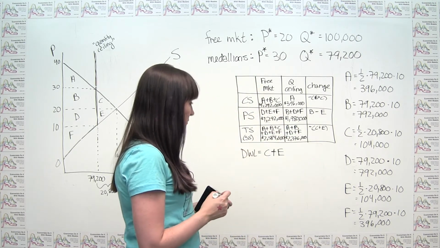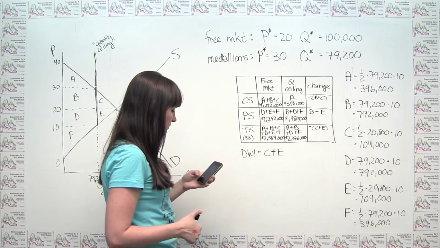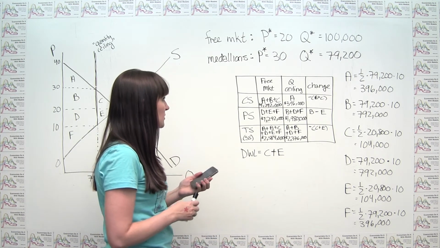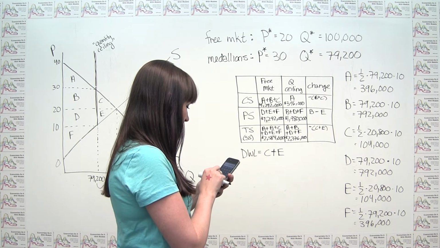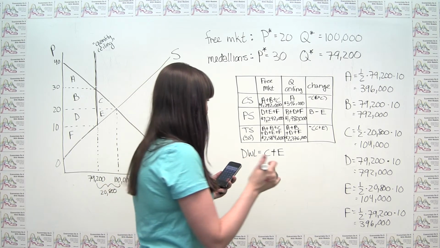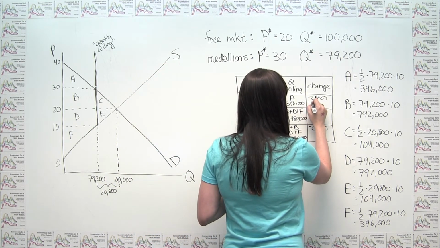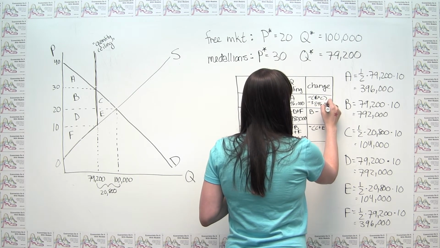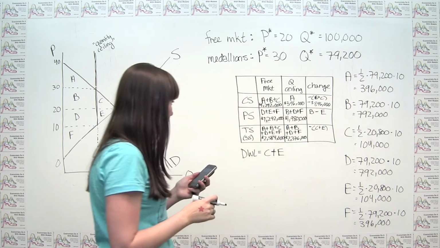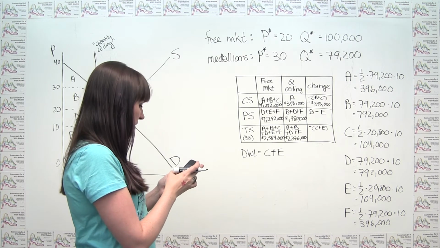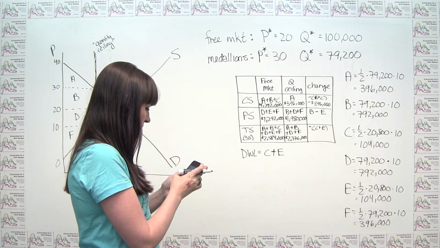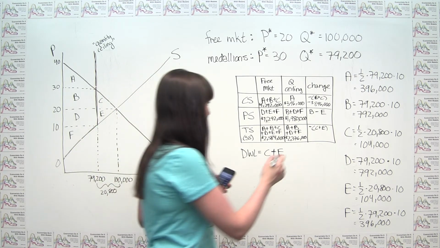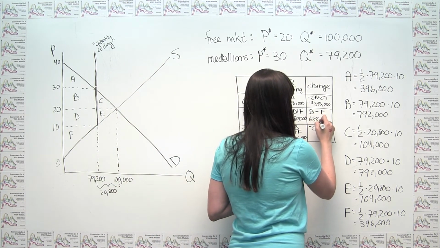And again, we can go through these numbers and we can see, for example, that the change in total surplus for consumers, just plug in the numbers. So consumers are losing $896,000. Producers are gaining $688,000.